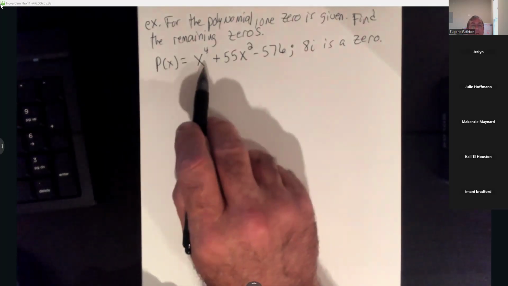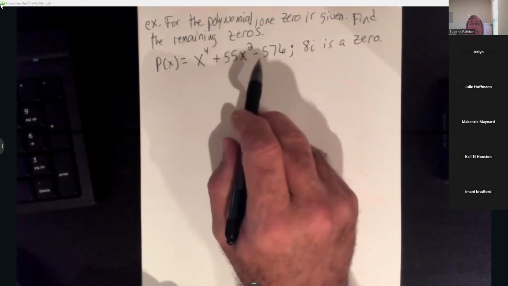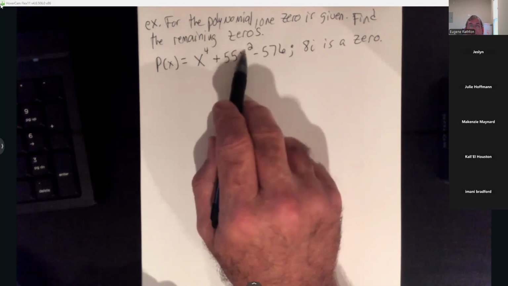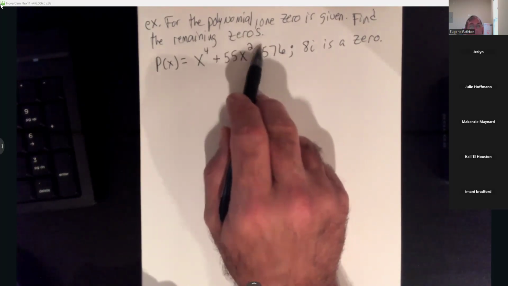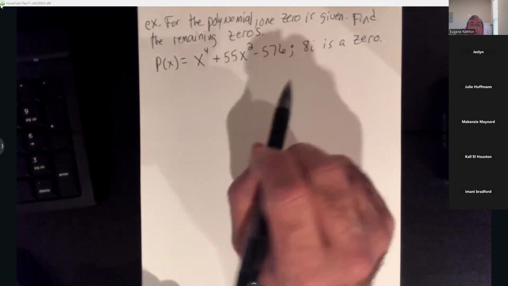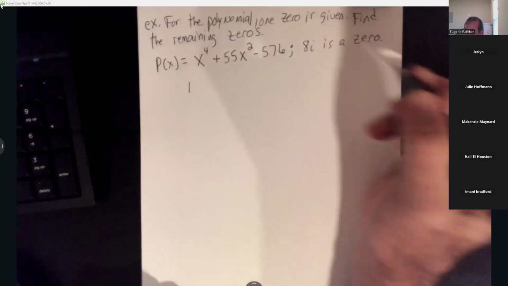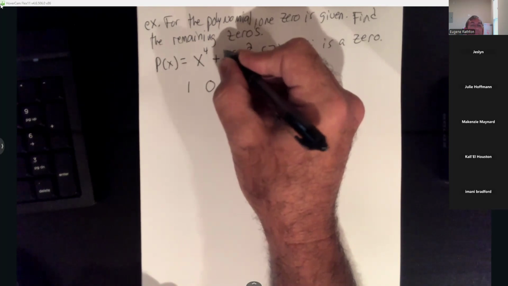Now, the first thing you notice, I don't have an x cubed term and I don't have an x term here. It goes from x to the fourth to x squared to my number. So for the missing terms, I'm going to add a 0. So y'all watch what I got. I got 1x to the fourth. I got 0x cubed.